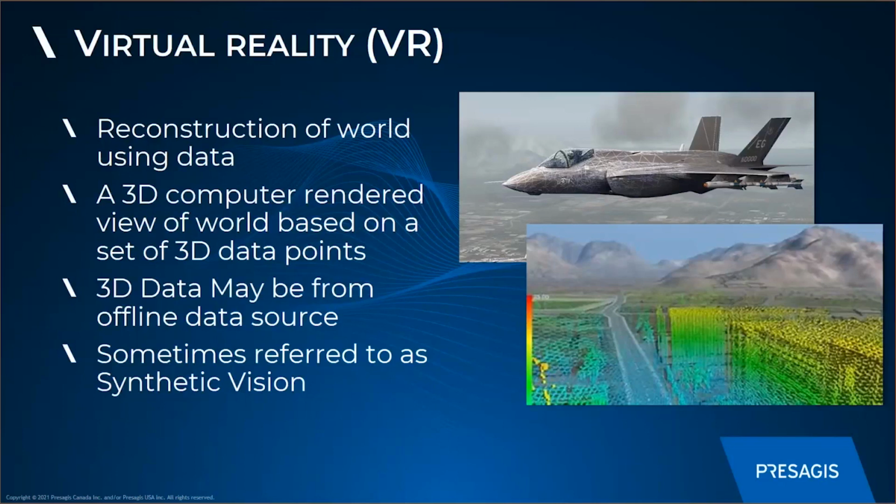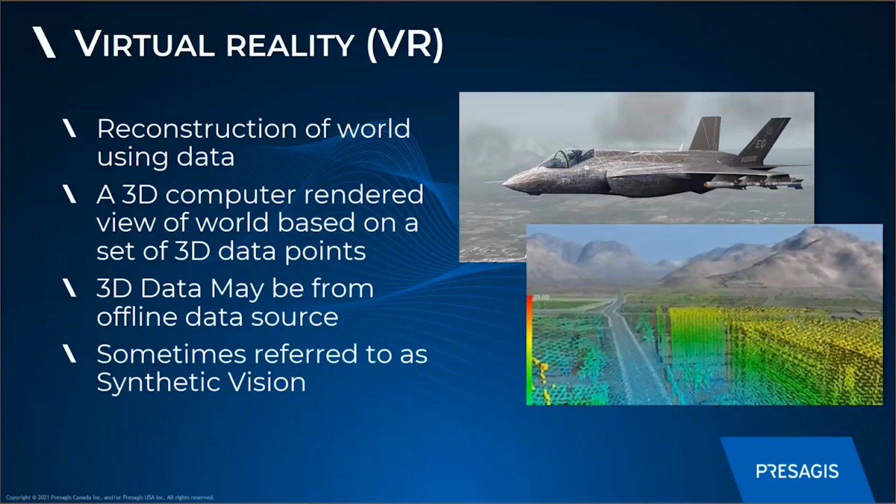And this is a 3D rendering of the world around us based on a set of 3D data points, either from a database that's stored locally or from live telemetry that we use to reconstruct the world around us. So maybe a LiDAR scan where we create a point cloud and then a vector mesh of the world, which we then texture or just do solid.